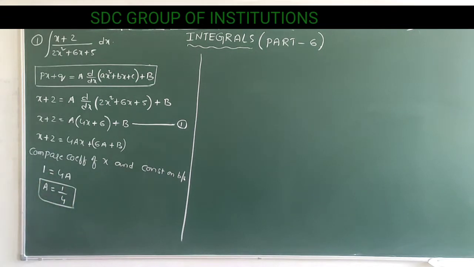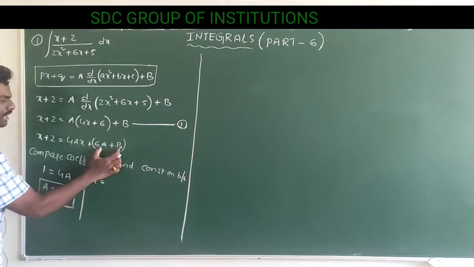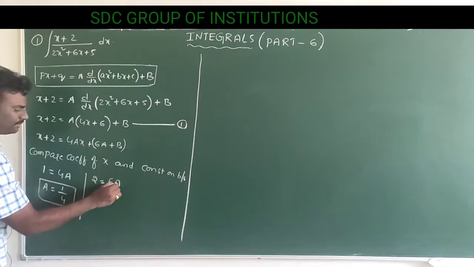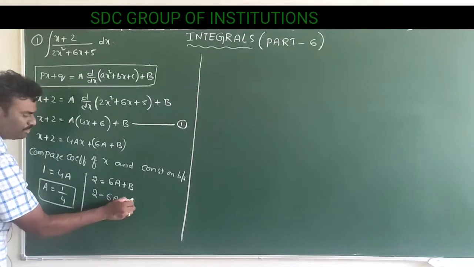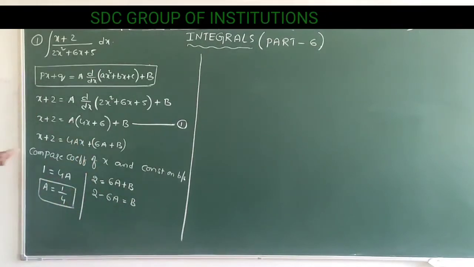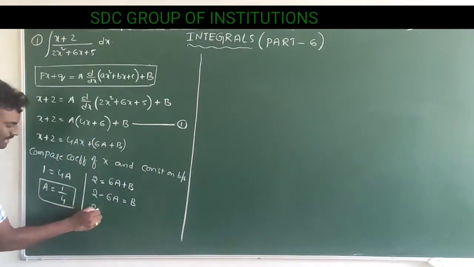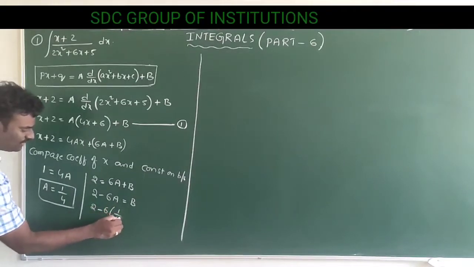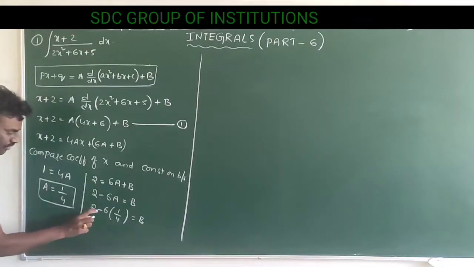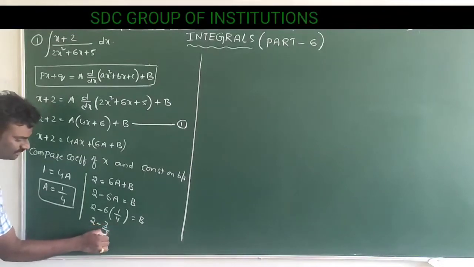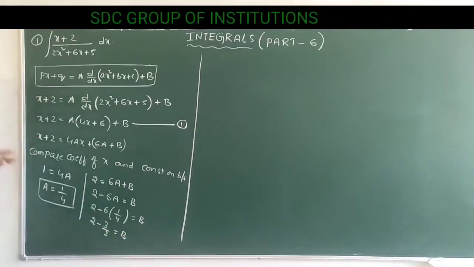Next, you compare the constant on both sides. Here the constant is 2. Here the constant is 6A + B. Now 2 - 6A = B. A value already we know. 2 - 6 into 1/4 = B. Now 2 - 3/2 = B, because 6/4 can be written as 3/2.